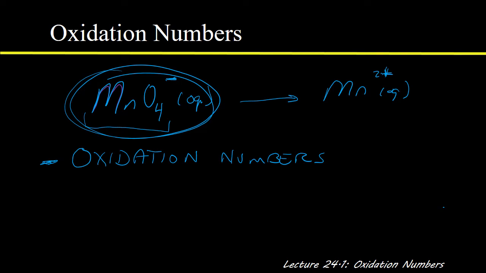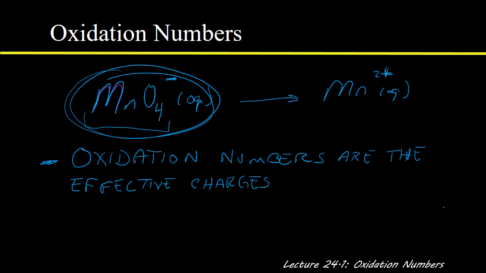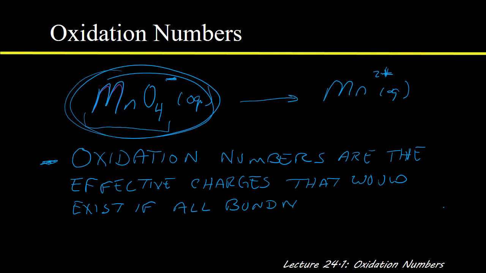So another way to define oxidation numbers is that oxidation numbers are the effective charges on each atom that would exist if all of the bonding were completely ionic.